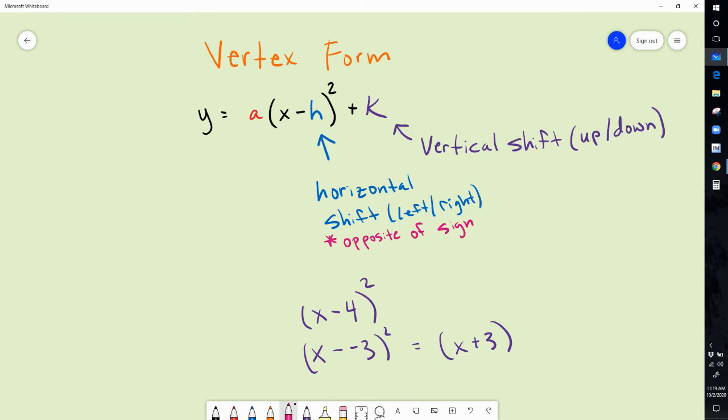So you can give yourself an example here if you want and say x minus 2 squared is a shift 2 to the right. So this is like an extra little bonus note here. This is an example of that, right?